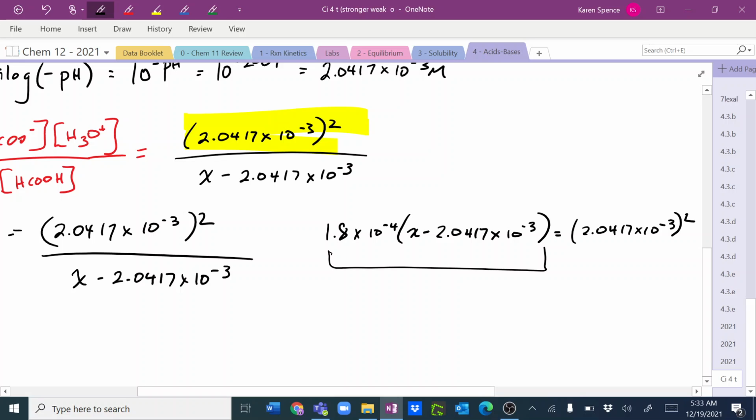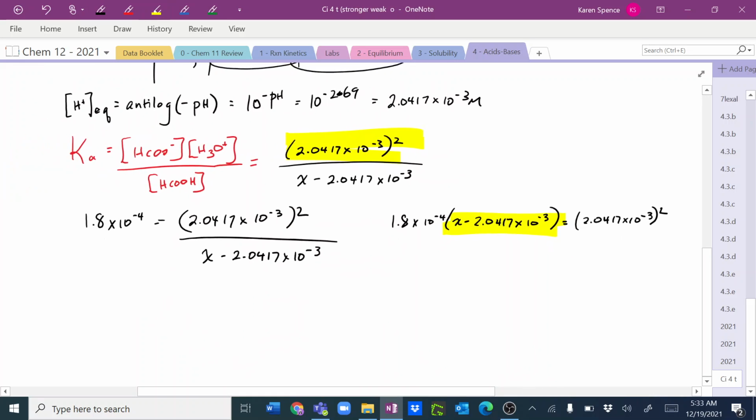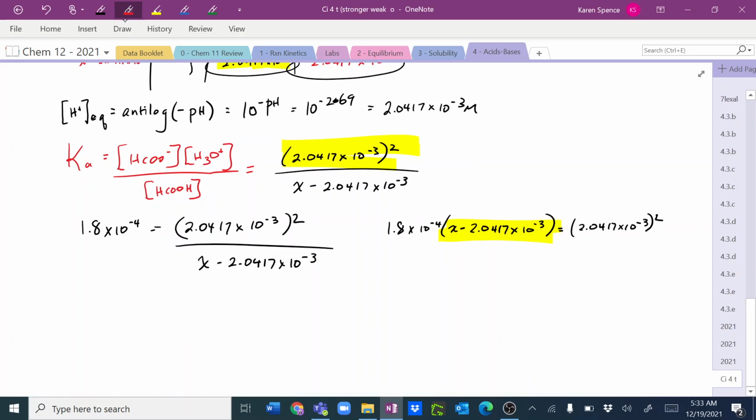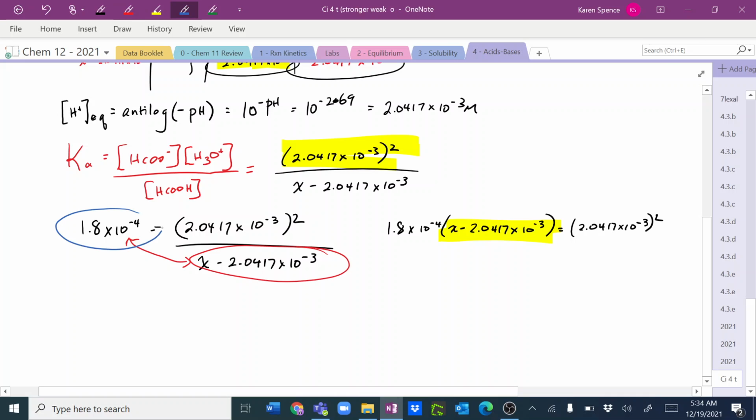So rather than multiplying this out first, if I then divide both sides by this bit here, essentially what I'm doing is I'm swapping these two. I'm bringing this one up and I'm bringing this one down.